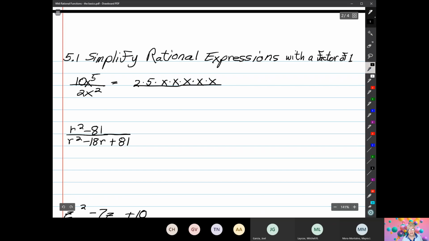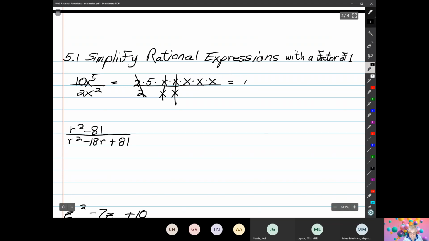Now I could do this pretty easily using the rules of exponents, but hey, we are factoring right now, so let's stay consistent. I factored the top, now I'm factoring the bottom. Cancel, cancel, cancel, and then put back together what's left.